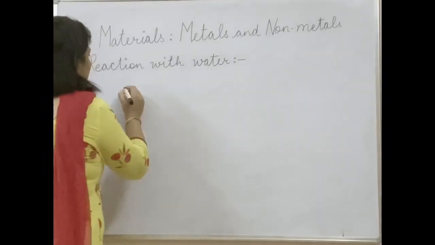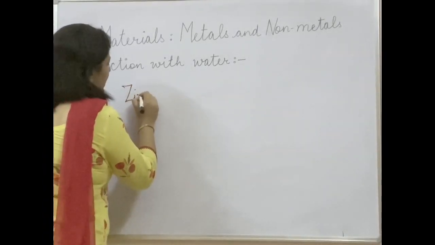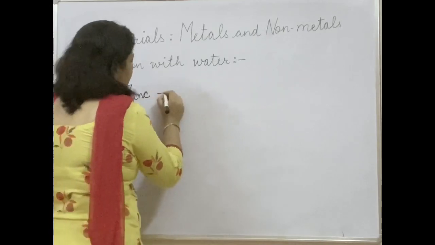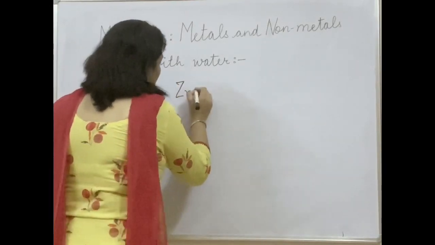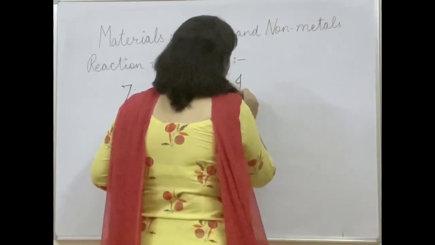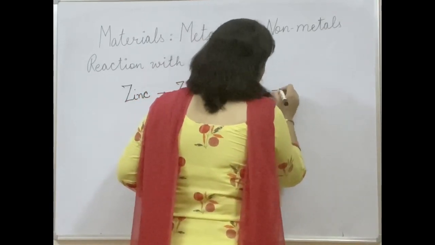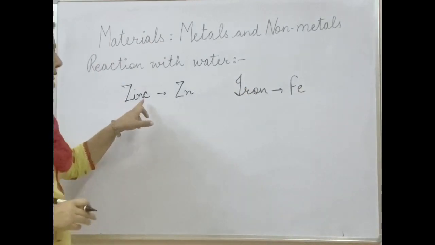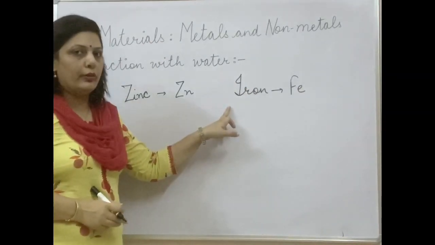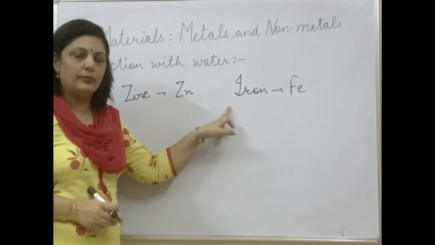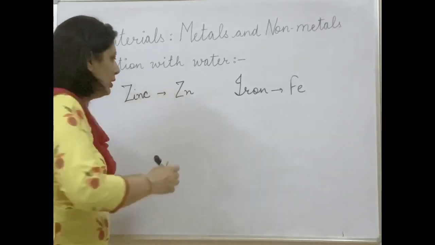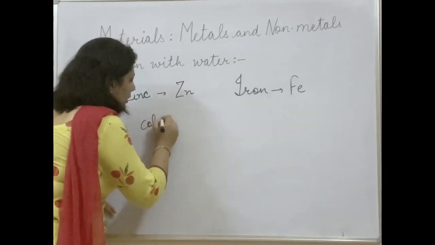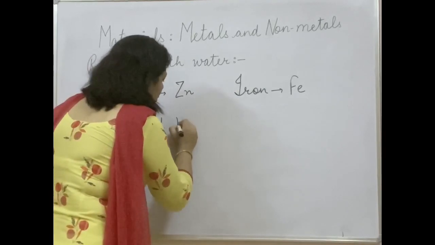Then I'll tell you about zinc, another metal, and iron. You will notice that zinc and iron both will not react with cold water, and will not react with hot water.